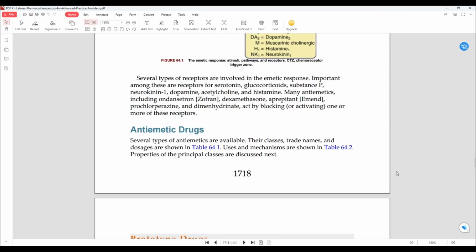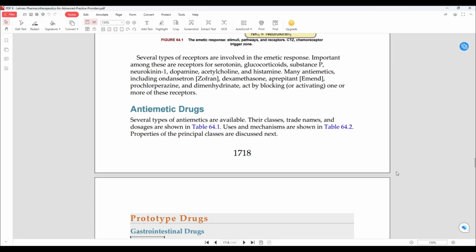Important among these are the receptors for serotonin, glucocorticoids, substance P, neurokinin 1, dopamine, acetylcholine, and histamine. Many antiemetics, including Zofran, dexamethasone, aprepitant, prochlorperazine, and dimenhydrinate, act by blocking or activating one or more of these receptors.